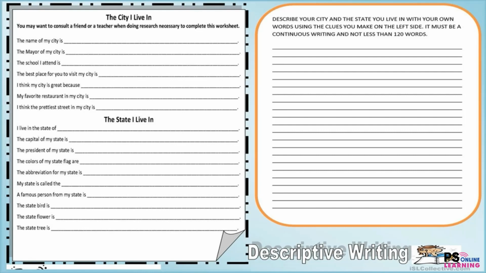Normally, in the US, every state has its own flag. That's why it's asking this question. But I don't know if Thailand has its own flags for each province. So if you don't have that, that is okay.